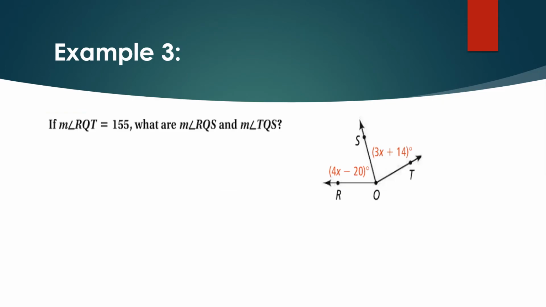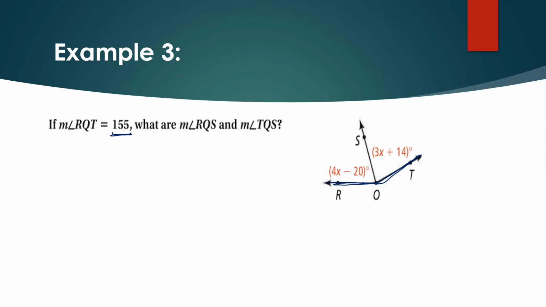Here in example 3, we're going to use the angle addition postulate to figure out the measure of these angles. It tells me that angle RQT, the whole angle here, is 155 degrees. They're asking what are the two smaller angles, angle RQS and TQS.